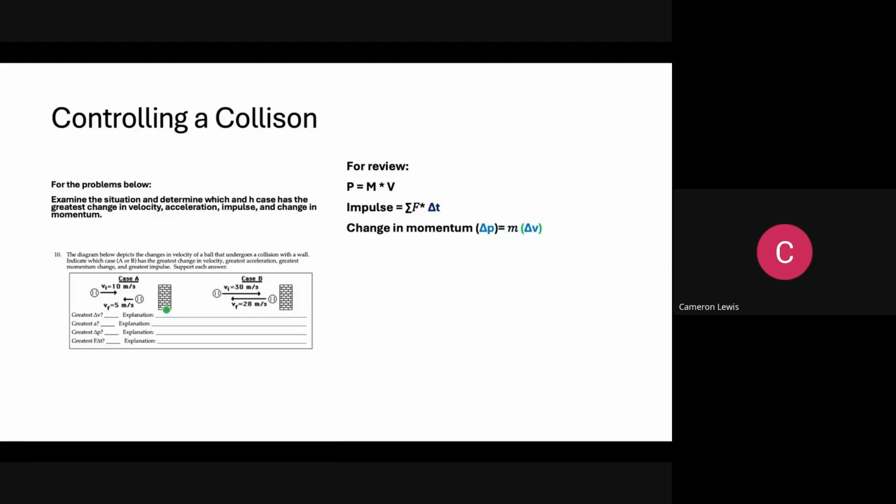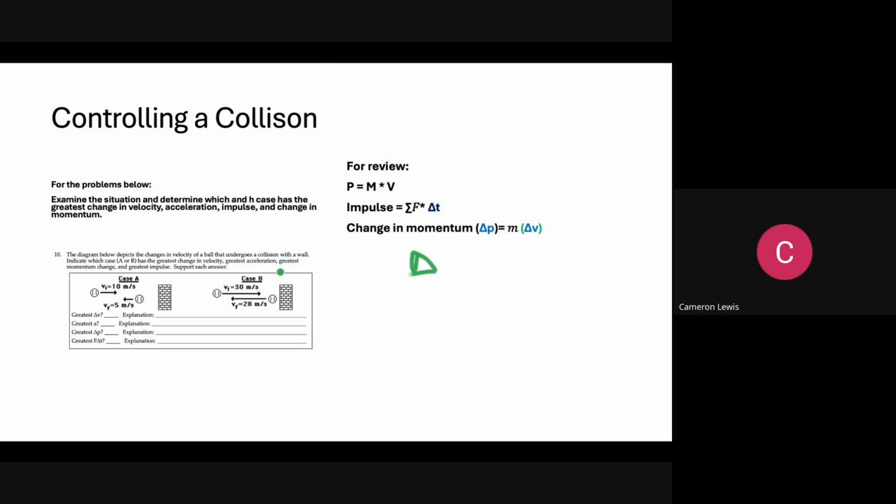So that was the math behind it. Now let's get into the logic. B has the greatest change of velocity. Let's assume it's the same ball.